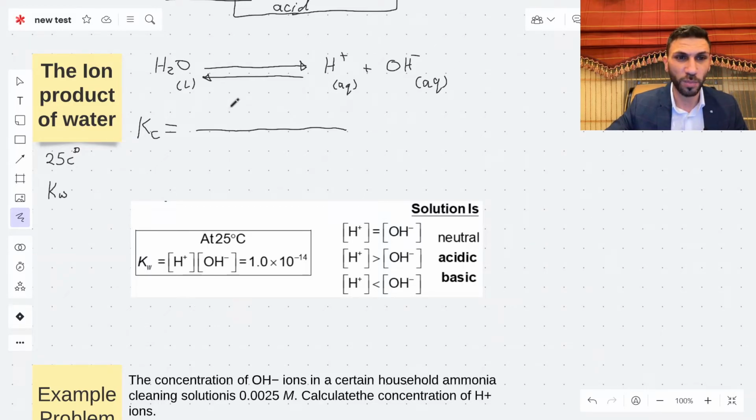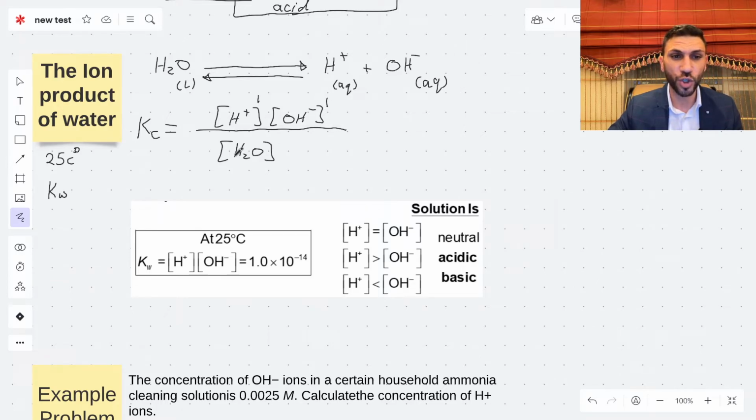So here, if we apply it, we're going to have the concentration of H positive multiplied by the concentration of OH negative, each one to the power of 1 and 1, because here we have 1 mole and 1 mole, divided by H2O.